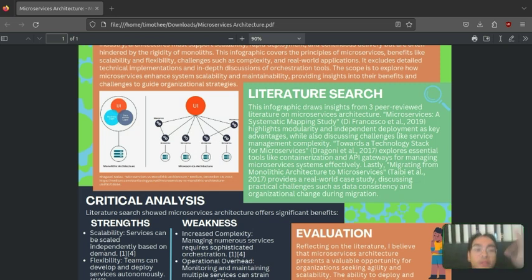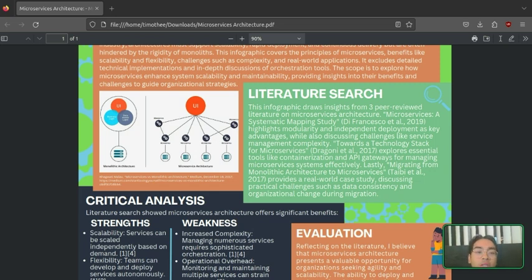In the literature search, I drew from three peer-reviewed sources on microservice architecture. One, Microservices: A Systematic Mapping Study, highlighted modularity and independent deployment as key advantages, while also discussing challenges like service management complexity.